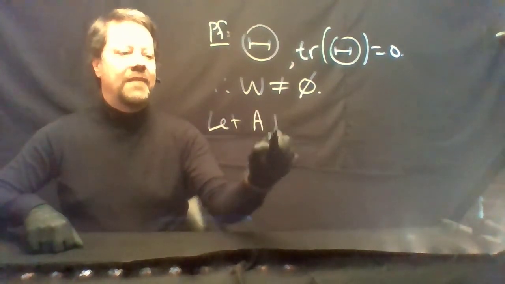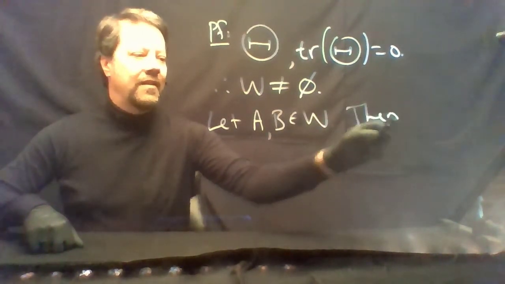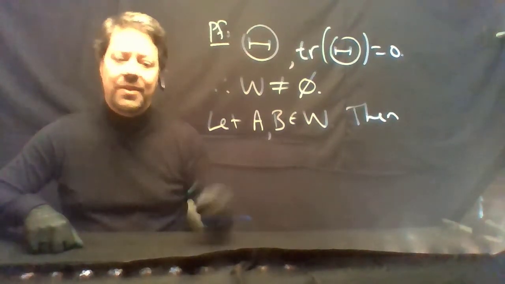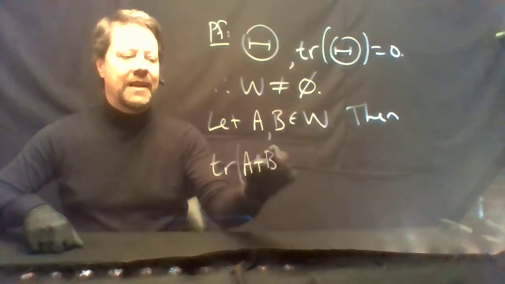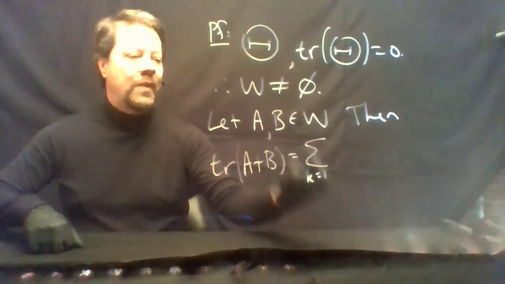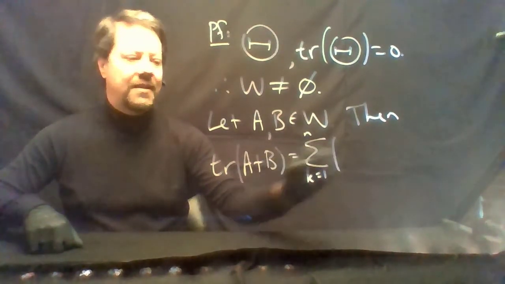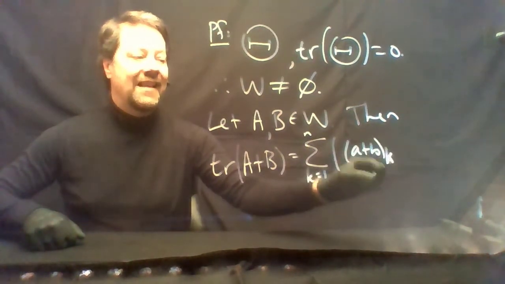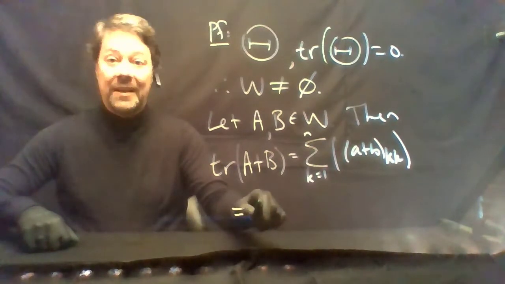Let A and B be elements of W. When we add these, do you still get a matrix that's trace-free? Let's take the trace of A plus B. That's the sum, as k goes from 1 to n, of the diagonal element of the sum, which I'll write as (A plus B)_kk.